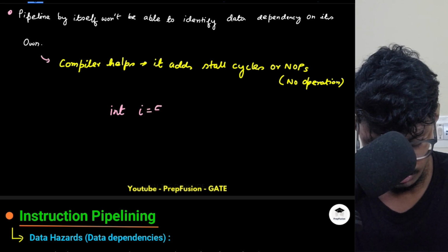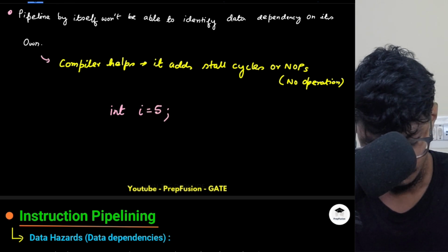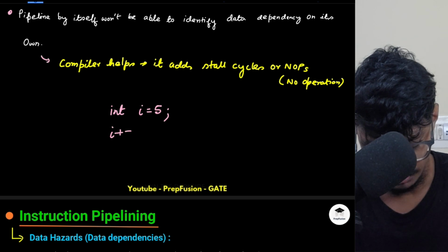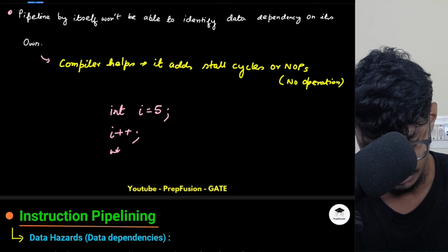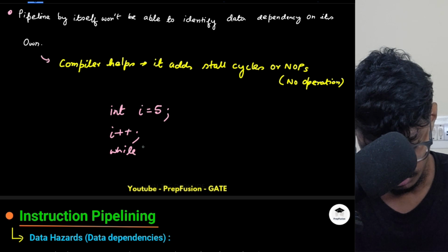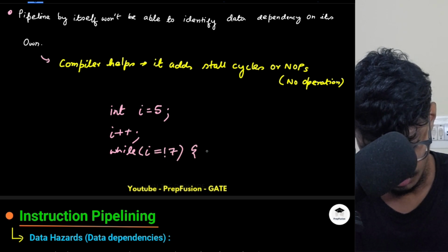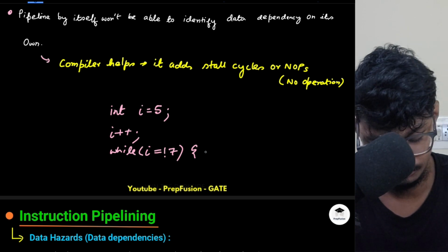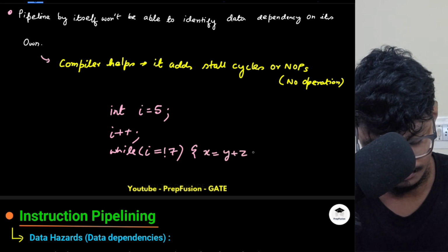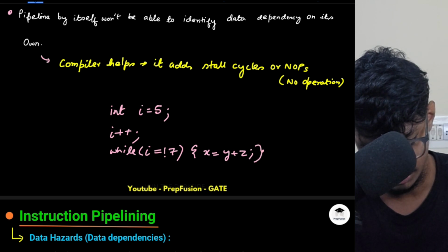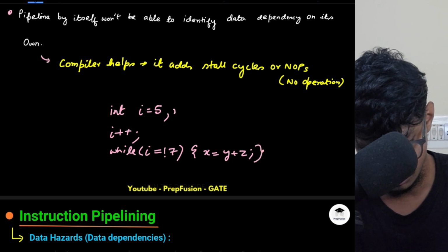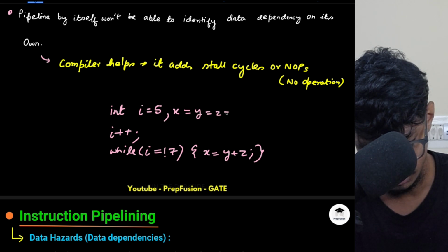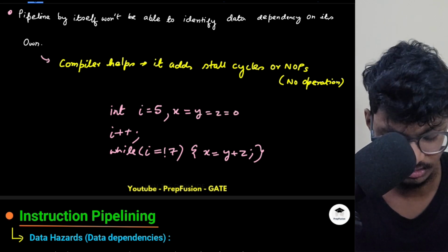Int i equals 5, i plus plus, then while i not equals 7, do something, like x equals y plus z, and initially x equals y equals z equals 0. Something like that.